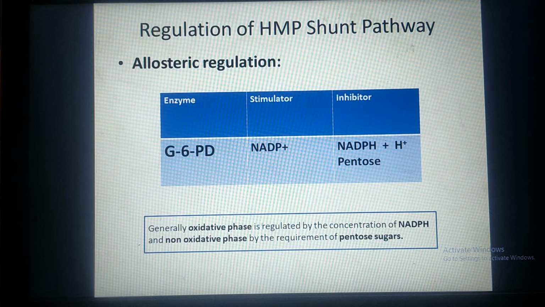At the same time, when the NADPH level increases, it acts as an inhibitor of the enzyme glucose 6-phosphate dehydrogenase. Also, when the concentration of pentose sugars inside the cell increases, they also act as an allosteric inhibitor of this enzyme.